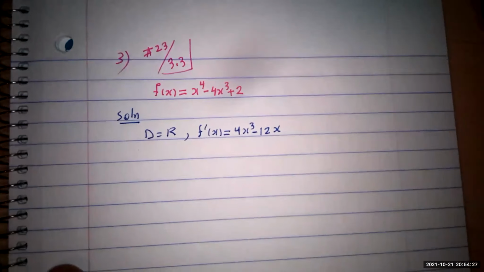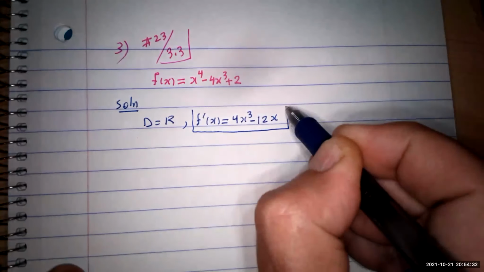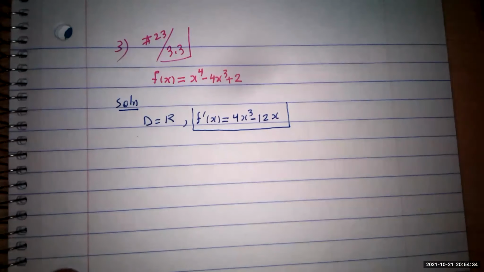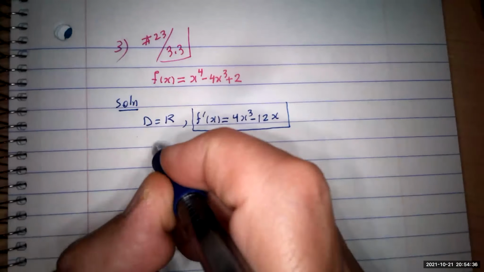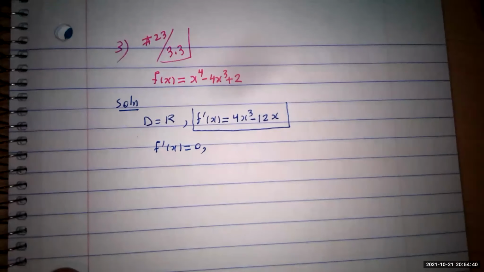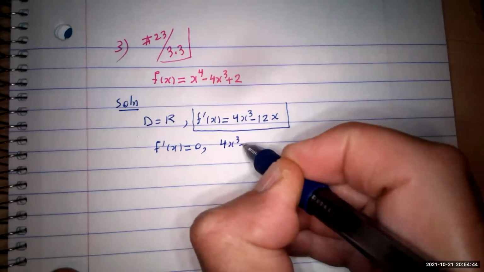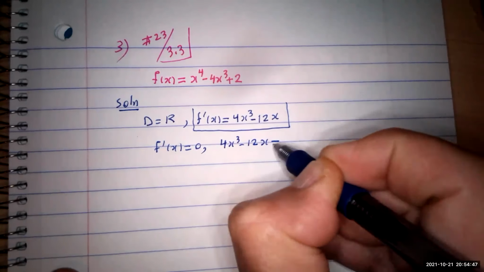That's your f prime. I'm going to highlight it because I'm going to use it. Let f prime of x equal 0. So you have to solve this equation, 4x cubed minus 12x equals 0.